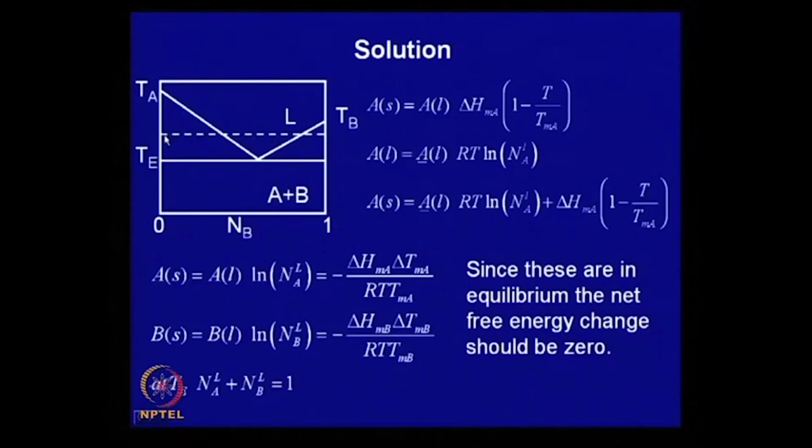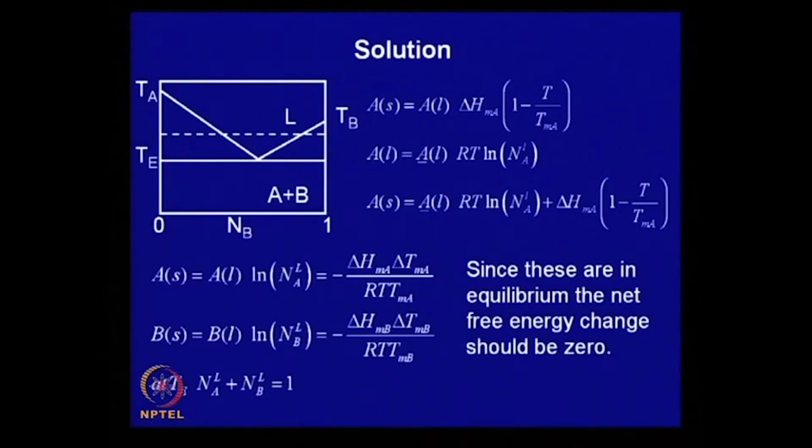If you are in this region, you have pure A in equilibrium with solution, that is a liquid solution of B in A. Now, how do you calculate the free energy of transformation?